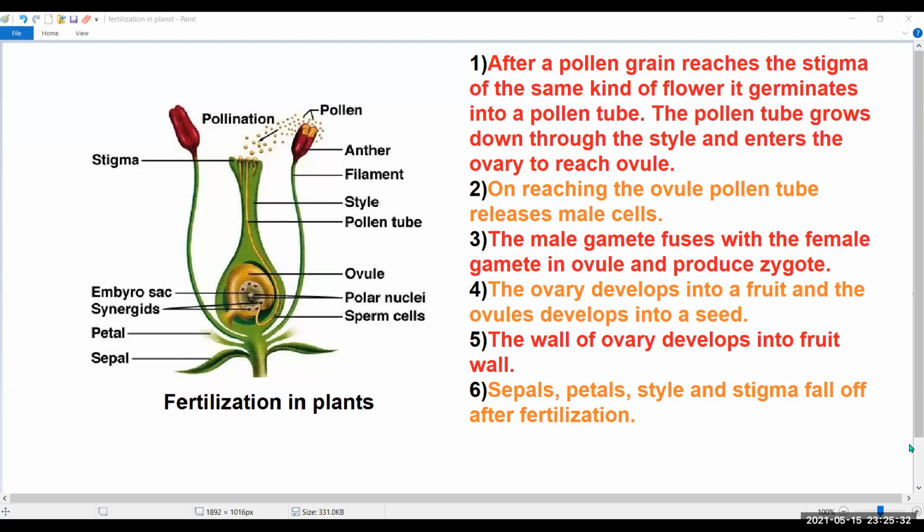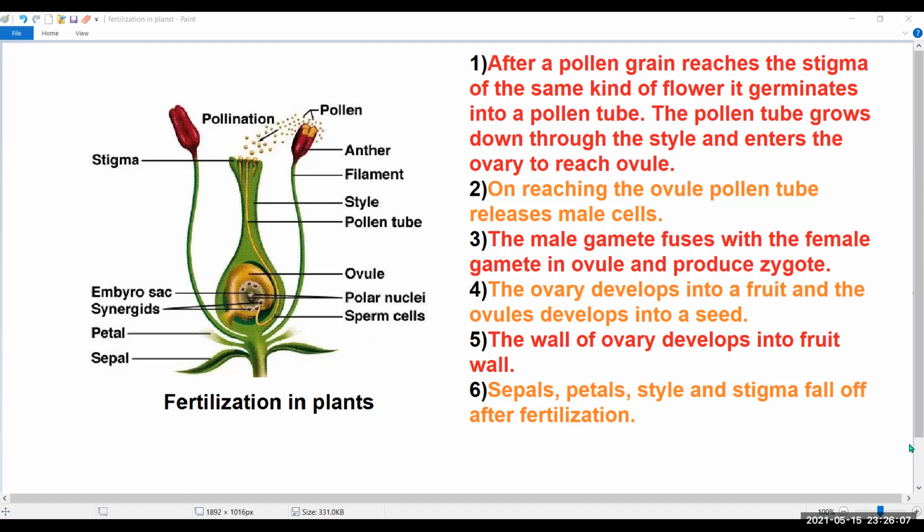Now, children, let us understand the fertilization in plants. Fusion of male and female sex cells or gametes is called fertilization. In plants, after a pollen grain reaches the stigma of the same kind of flower, it germinates into a pollen tube.